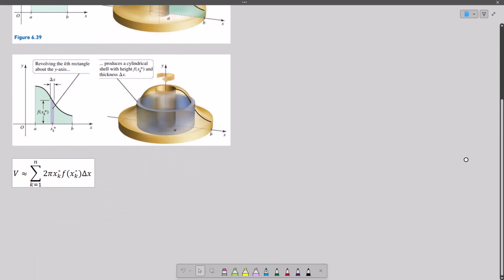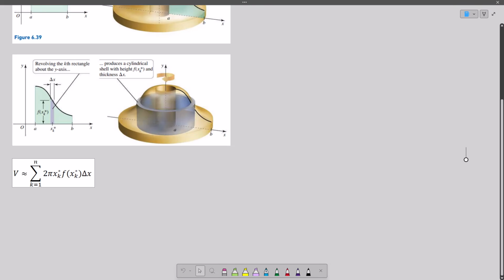But what we're going to do instead is think about using the apple coring idea. The idea is that we are going to create cylinders that are all nested, and we're going to fill up the volume by nesting these cylinders. So instead of stacking discs or washers, we're doing this nesting idea.